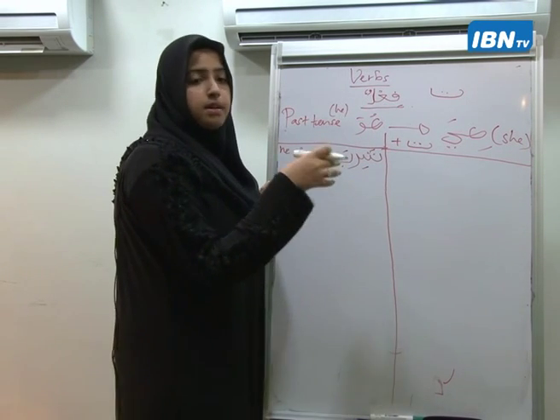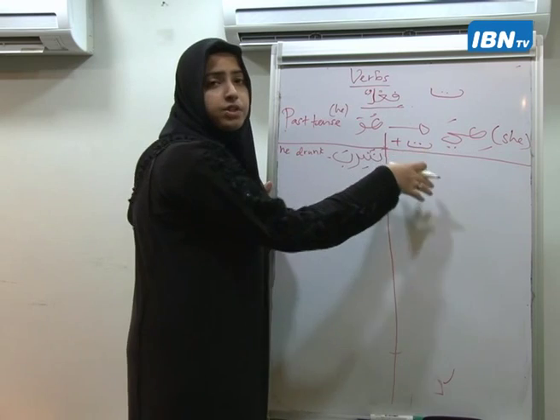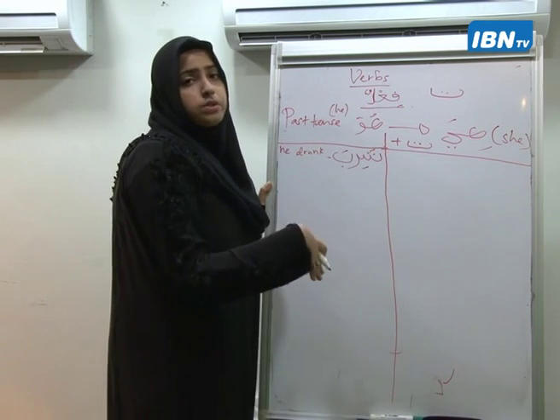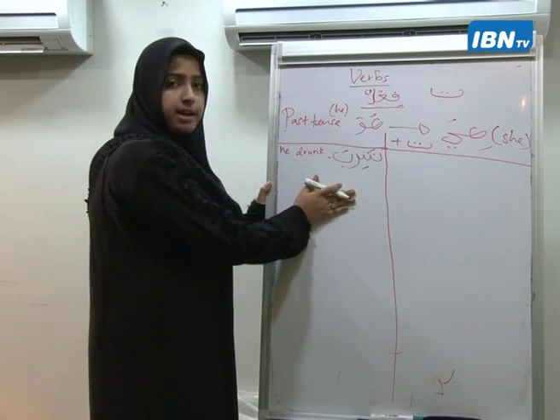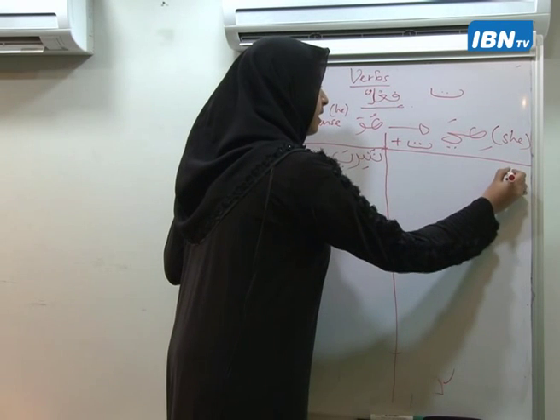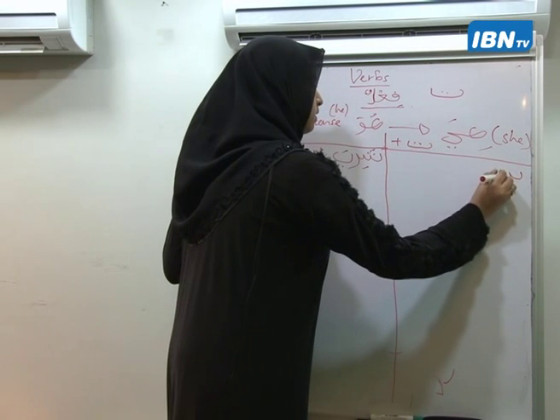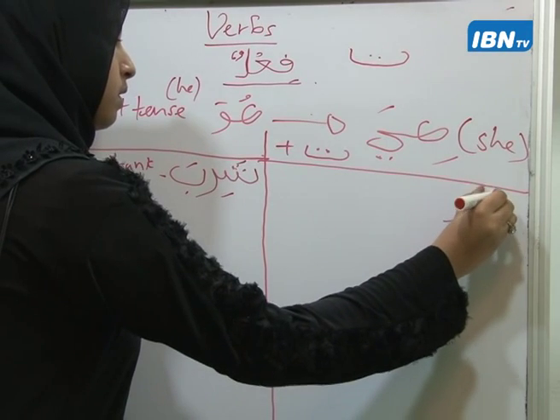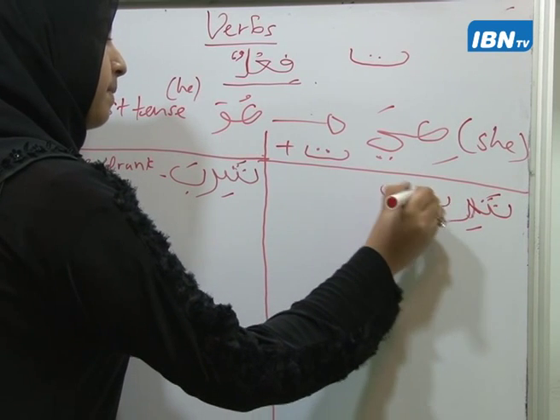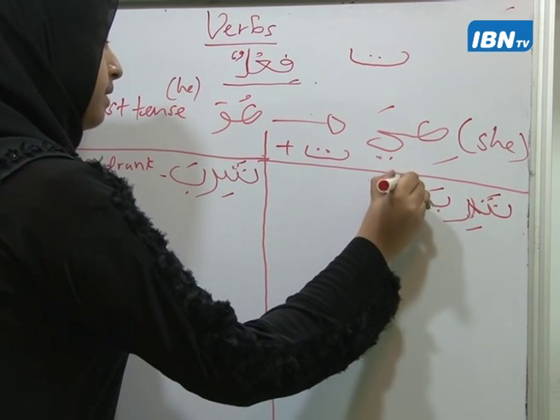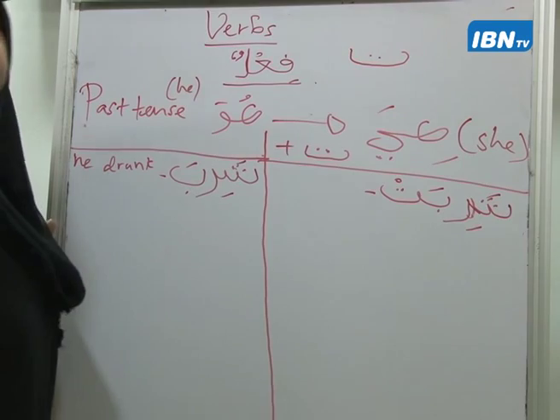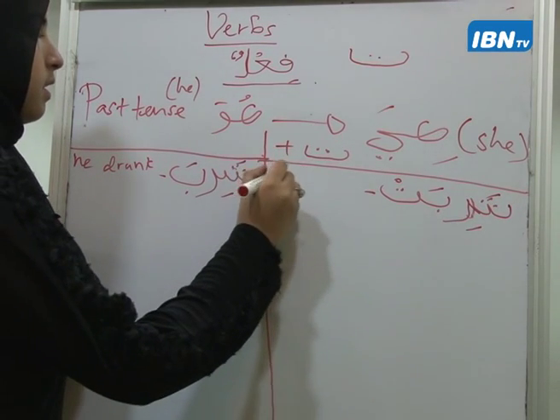This ta is an identification for muannath. It's going to make it feminine. So shariba becomes sharibat, which means she drank.